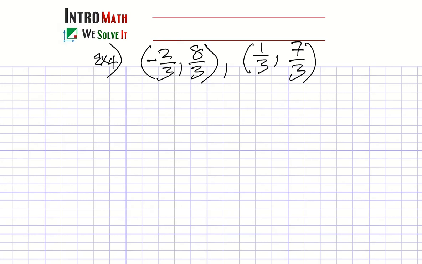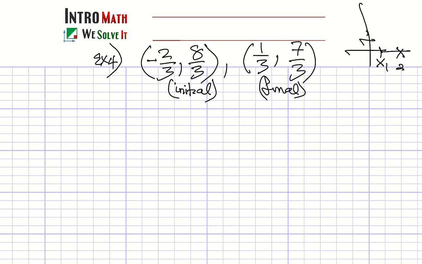Okay, so here is what we're going to do. I will label this the initial point, that way you understand, and I will label this the final point. Just like I showed you when you have x1, x2 and y1, y2. So this is initial, this is final. We use that concept to solve this problem.